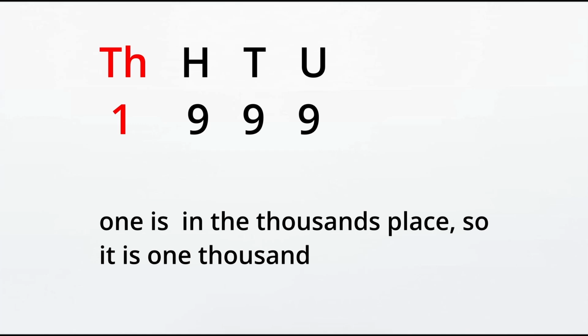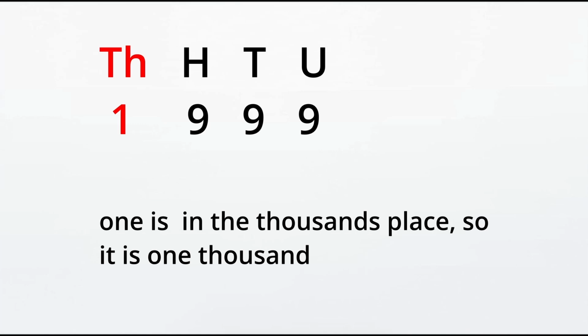And going from right to left, each place value is 1/10 the value of the next. Thus, the number above is 1000 because it has 1 in the thousands place, 9 hundreds, 9 tenths, and 9 units, which we conventionally describe as 1999.